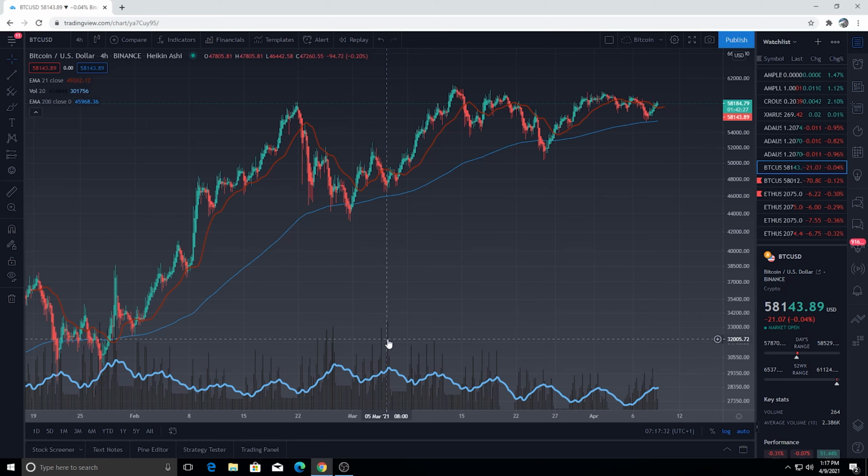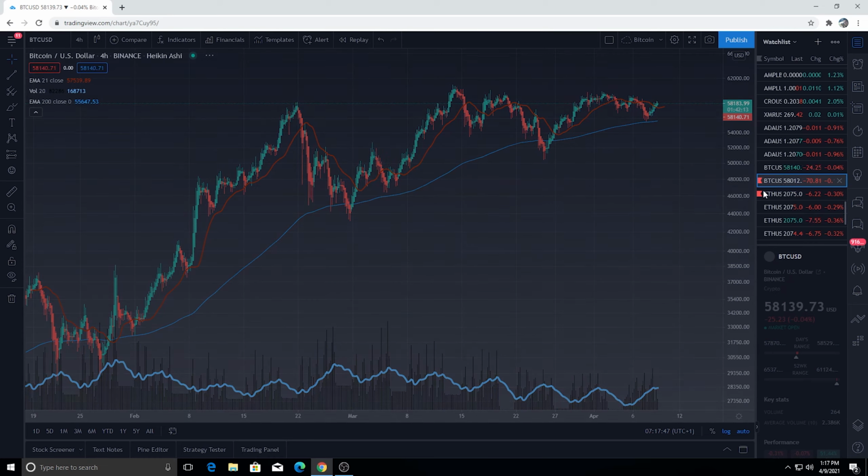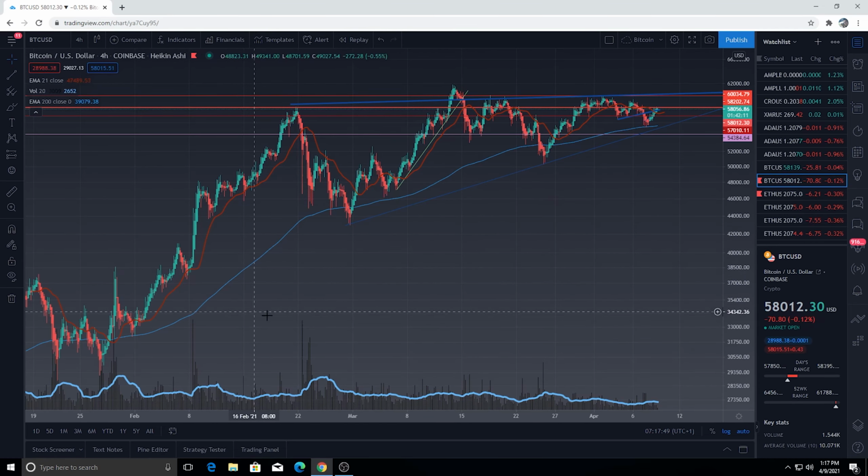For every buyer, there's a seller, and for every seller, there's a buyer. So when they get everyone to capitulate, you'll always notice the volume. This is not a good chart at all. Let's go to one that's okay. This is a way more accurate chart. You see, when they get everyone to capitulate, give up, everyone's just panicking, and everyone just hits the sell button, sell button, sell button.